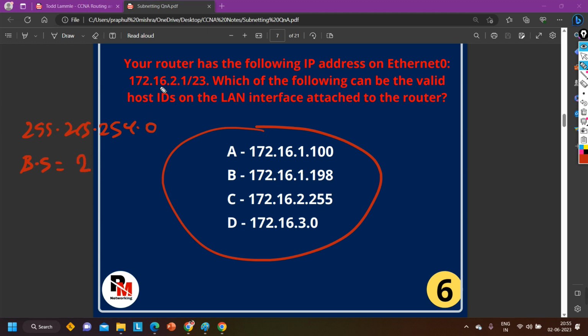So the network ID will be what? 16.0, 16.2 and 16.4. So does this IP address belong to this network, yes or no? And this network is ending on 16.3.255. Sorry, a little bit of a mistake here.